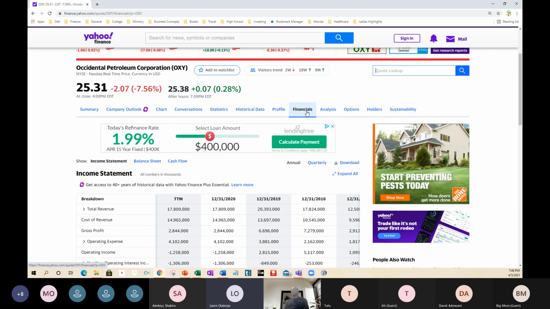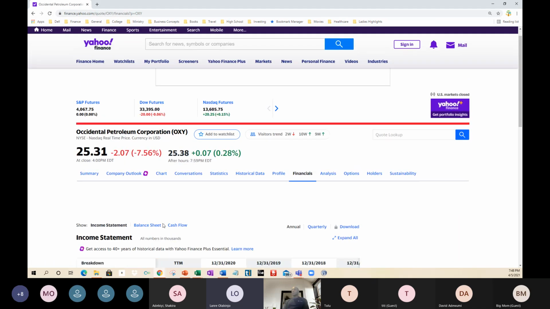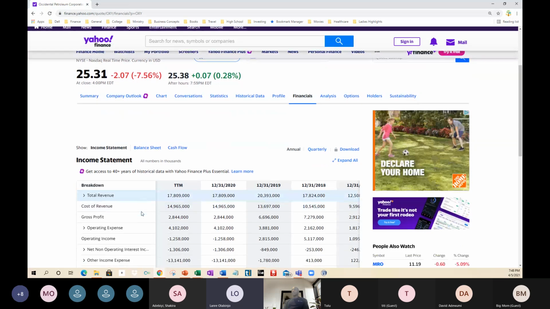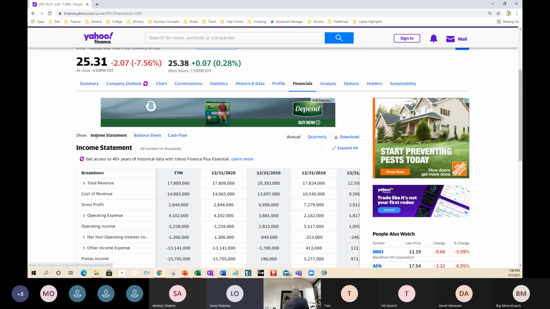The one you'll need to click on is financials. When you click on financials, it shows you at the bottom here 3 tabs: income statement, balance sheet, and cash flow statement. If I have one highlighted, the one I'm working on will be black. The others will show blue. That is, they will have a hyperlink to open those up.